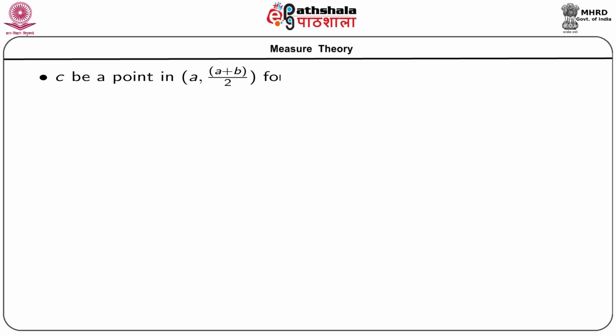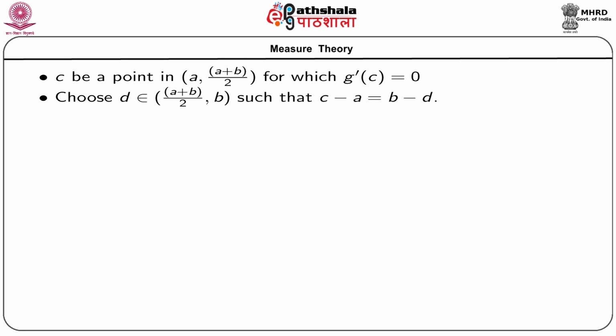Now, let us choose a point C in the open interval (a, (a+b)/2), where g'(c) is equal to 0, because as we have said there are infinitely many points where the derivative is equal to 0.